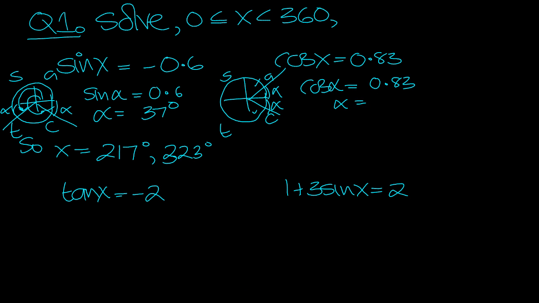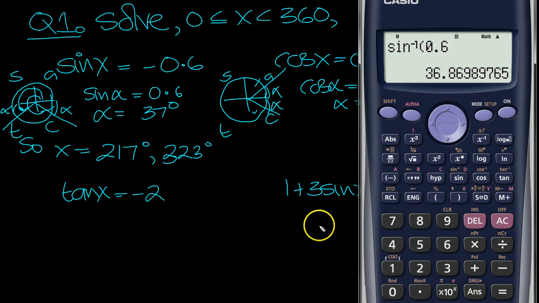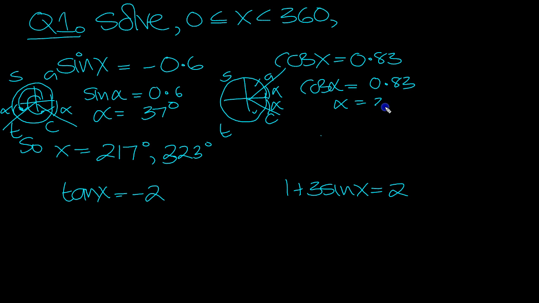Shift cos 0.83 then, which is 33.9, which is 34 degrees. So x is equal to, in this case, start from 0 around to here, which is 34 degrees. And the next solution is right round to here, isn't it? So that's 360 back 34, 326 degrees.